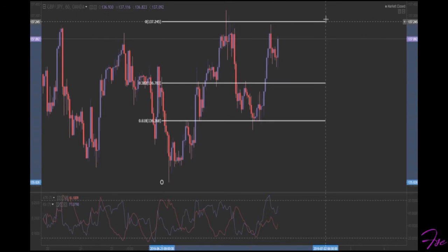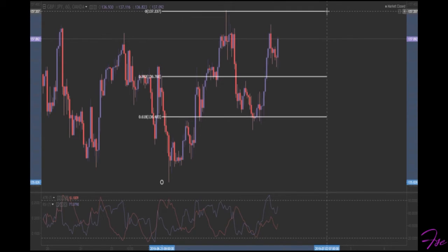So if price doesn't go up and violate our A leg, and price decides to come down, then you can clearly see that the 61.8 has been hit, which puts us on a Gartley formation.